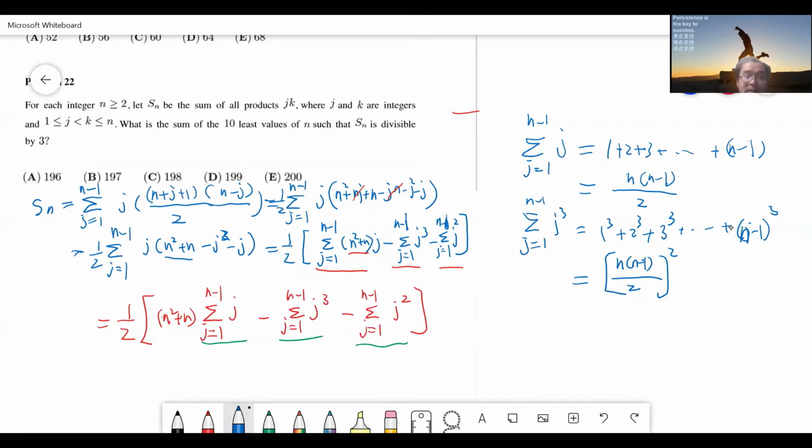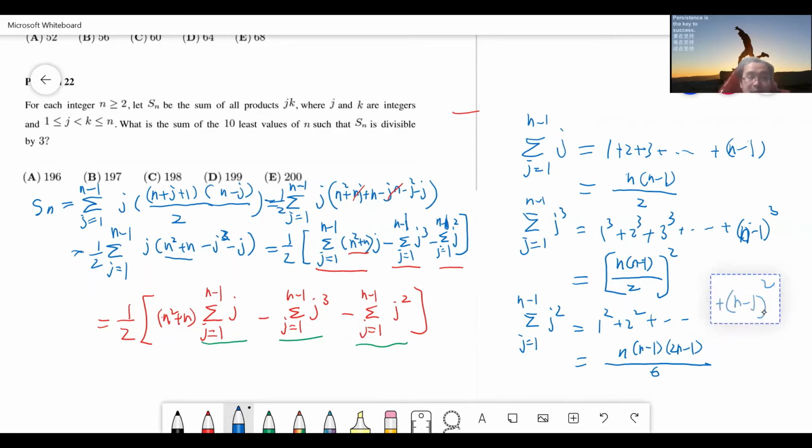Okay, the last one, we have the summation j equal to 1 to n minus 1 of j squared, which equals 1 squared plus 2 squared all the way to n minus 1 squared. We know the formula: that's n times n minus 1 times 2n minus 1 over 6.